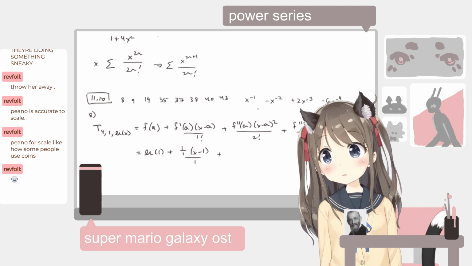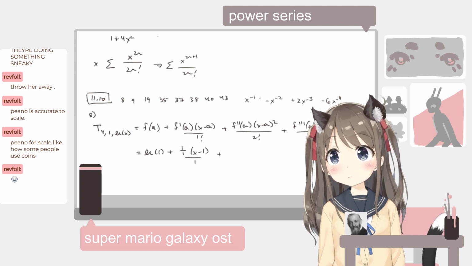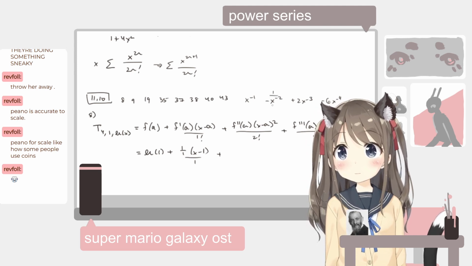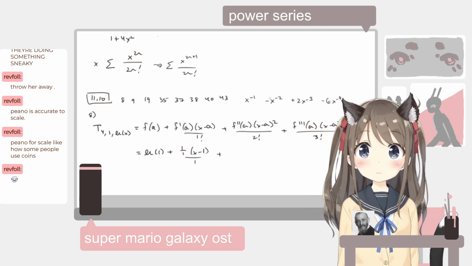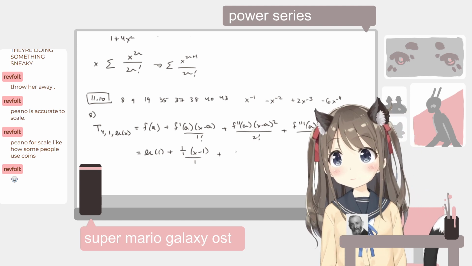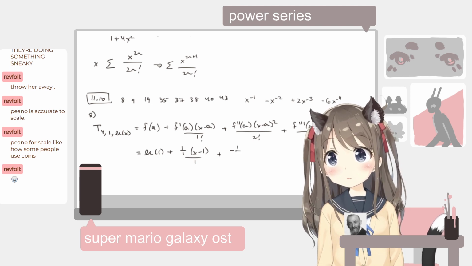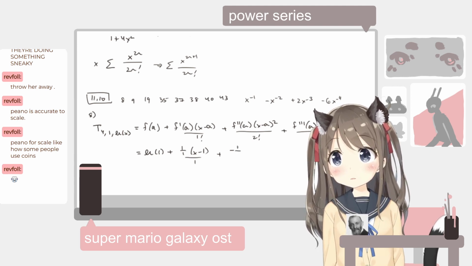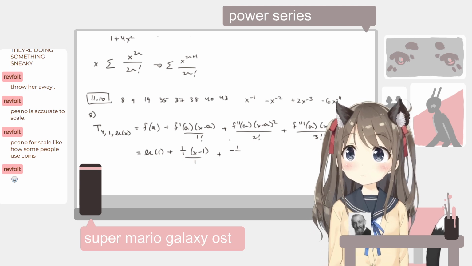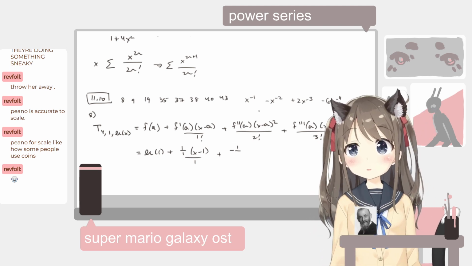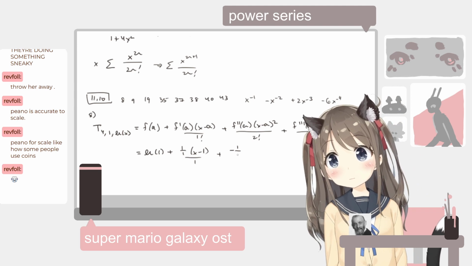Okay, so this is 1 over, this will be 1 over negative, I think it just switches back and forth. No. Because it'll add that after. 1 over 1.